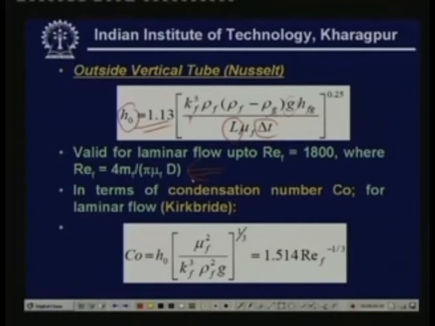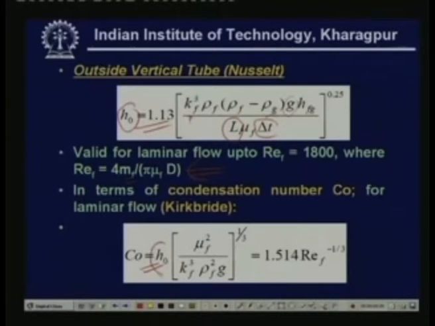Re_f is 4 times m_f divided by pi mu_f into d, where m_f is the condensation rate, mu_f is the viscosity of the saturated liquid and d is the outer diameter of the tube. And in terms of condensation number Co, Kirkbride has suggested this correlation. This is Kirkbride's correlation for condensation outside the vertical tube.